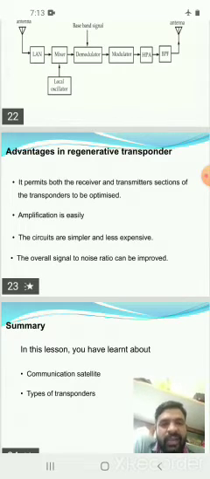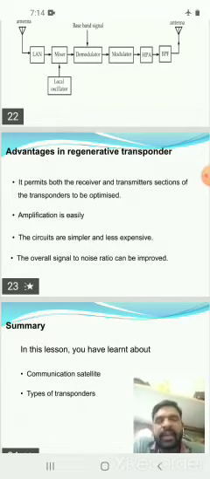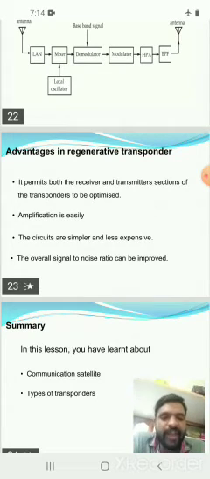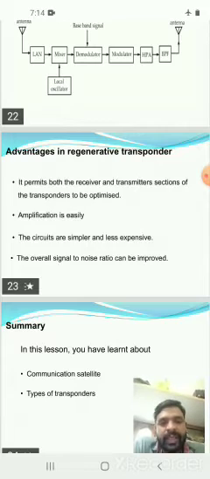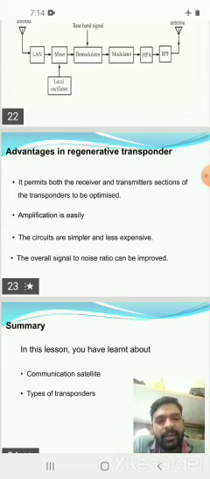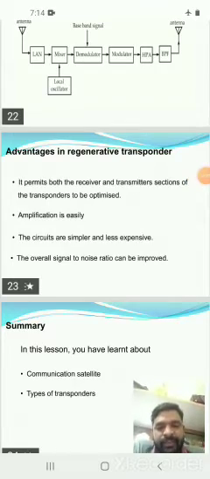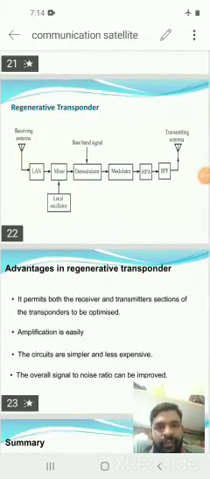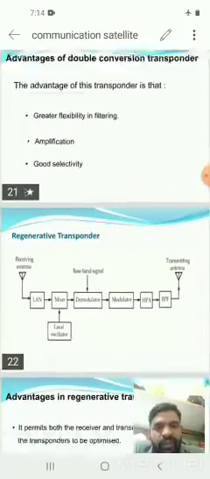So these are the advantages: amplification is easy, simpler to design and less expensive, overall signal to noise ratio is increased, and the transmitter and receiver sections of the transponder give an optimized output.